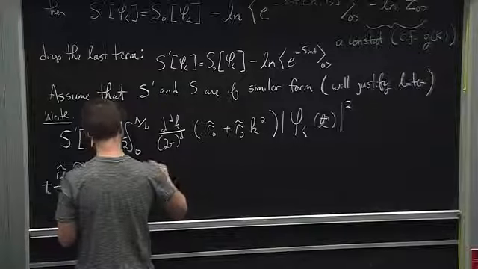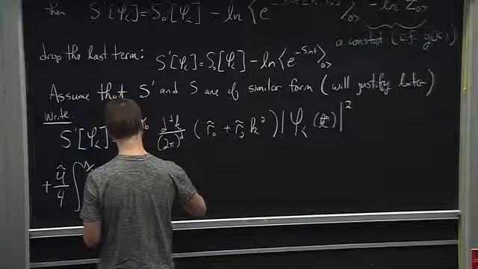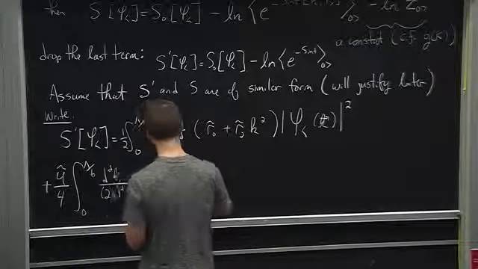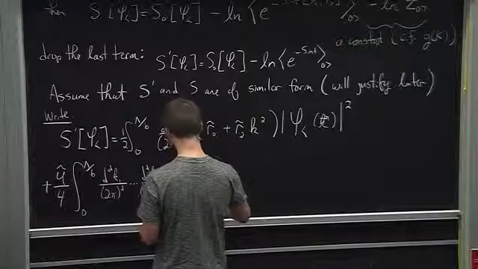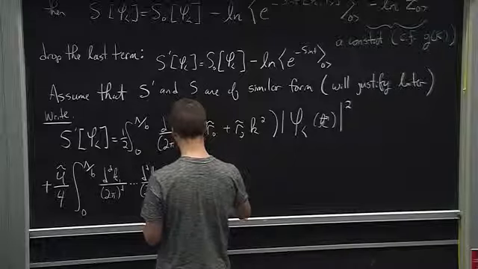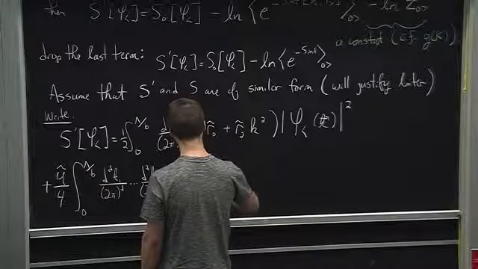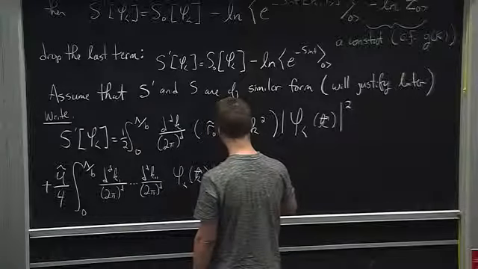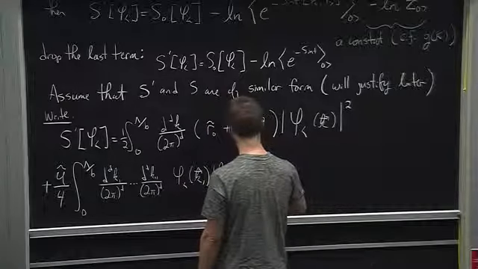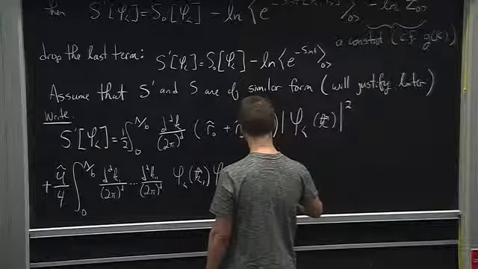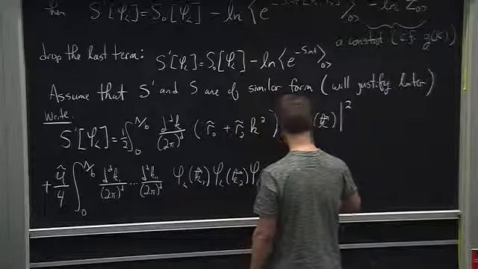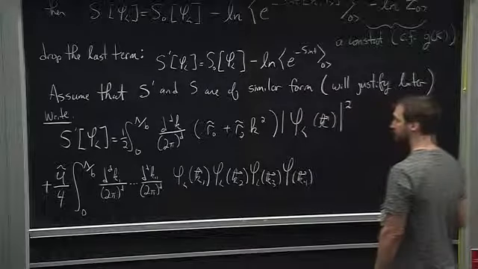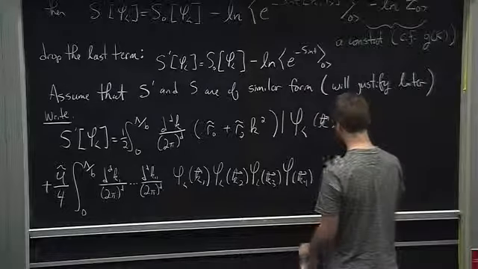Remember, you had 4 Fourier transforms. You have 4 fields. And we want to integrate out fast fields, so we're constraining this to look like this. And we need that delta function.